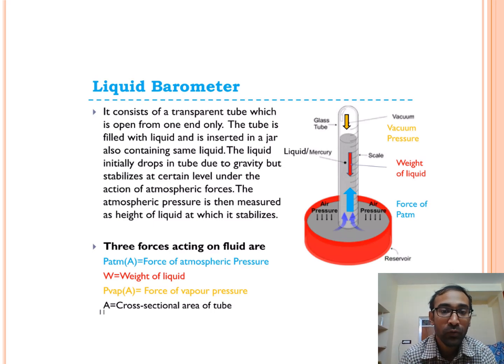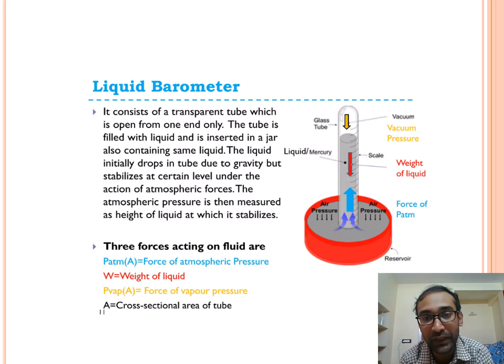We will measure the atmospheric pressure with a liquid barometer. In the slide, there is a liquid barometer. There is air pressure at the bottom, and above is the vacuum in this glass tube, and this is the liquid mercury we generally use.